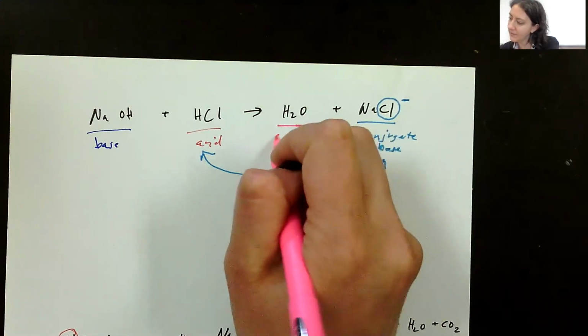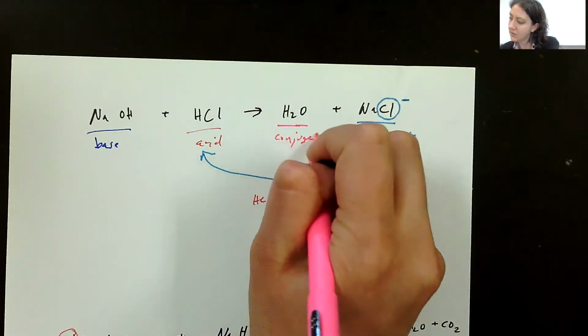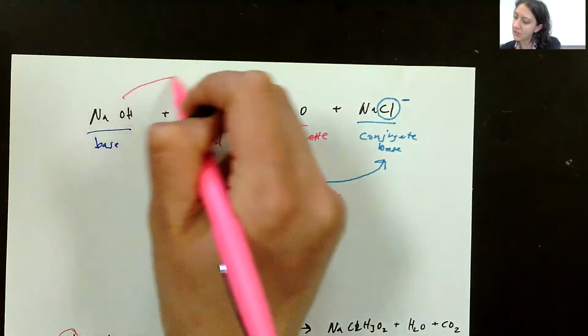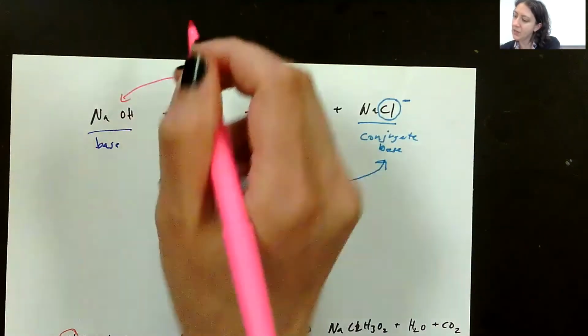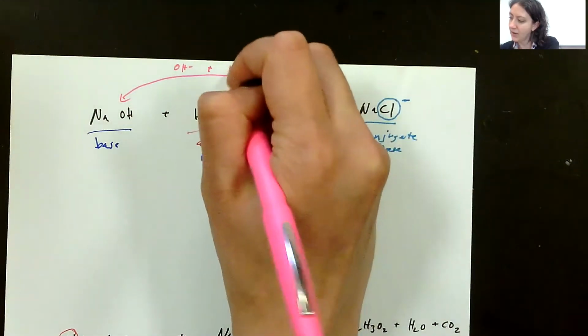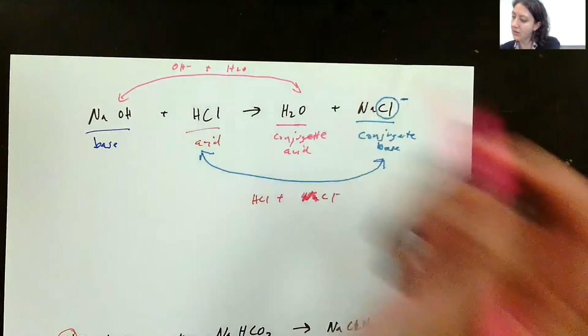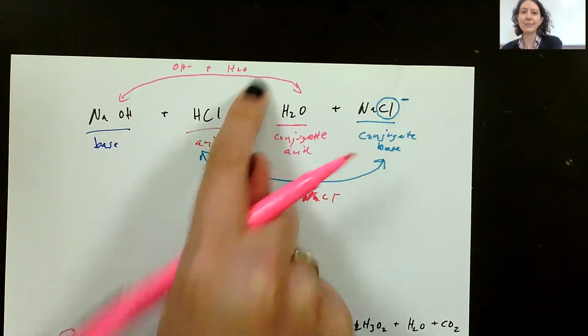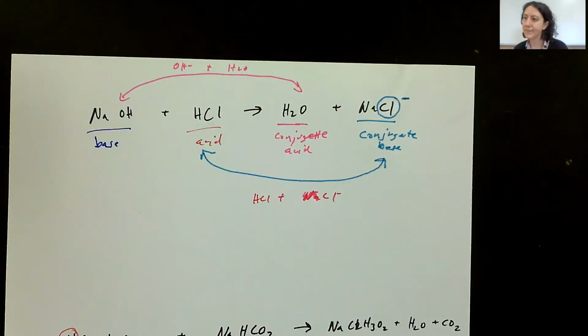We'll do the best we can. That is our conjugate acid. So these are a pair. Really it's the hydroxide and the water that are the base and its conjugate acid. That's the concept behind this. There are a couple better examples in the packet that we can go through.